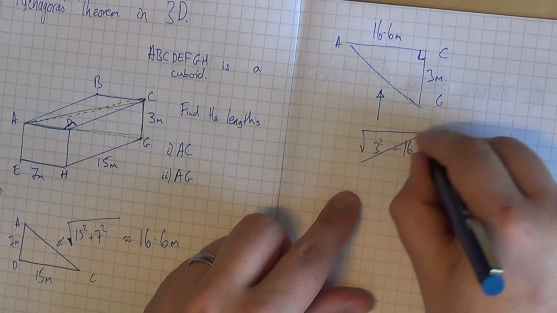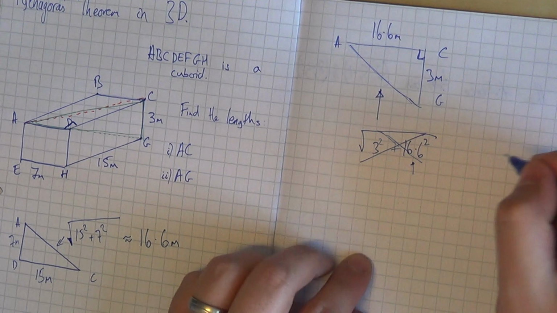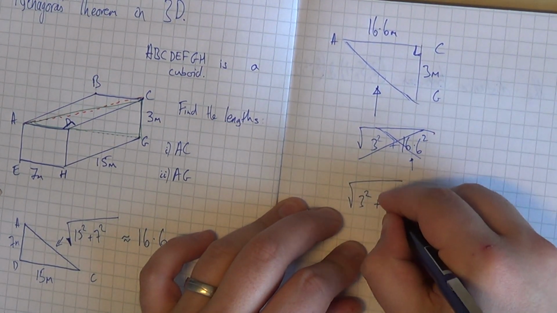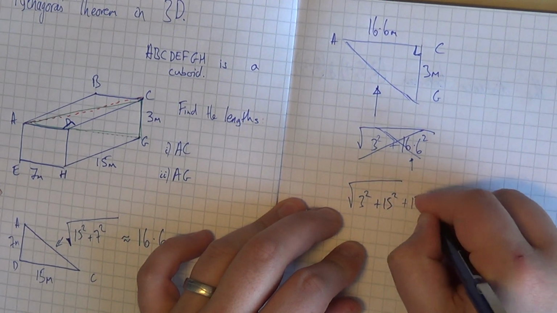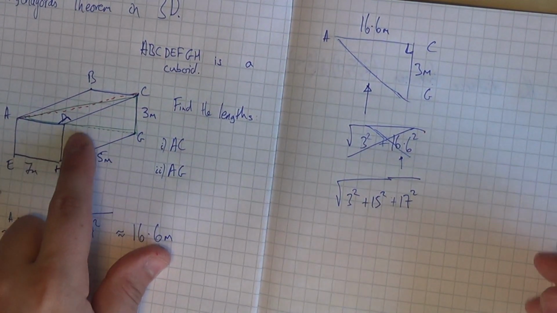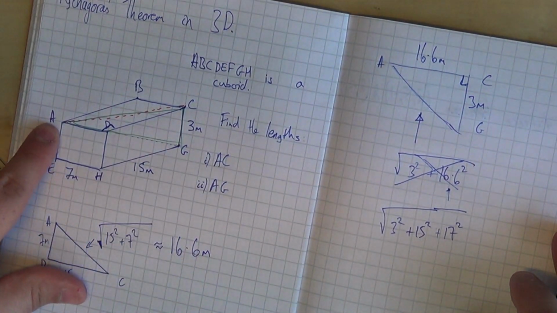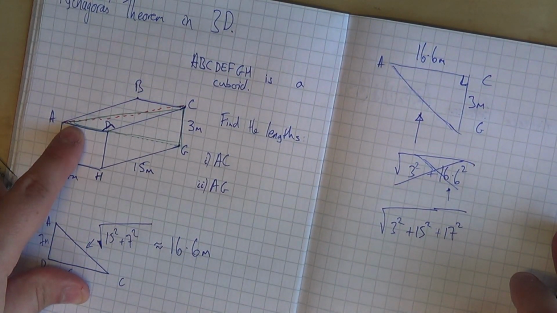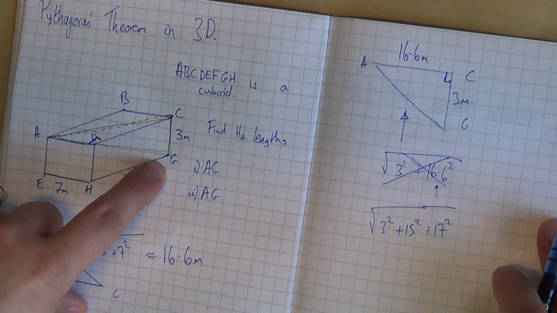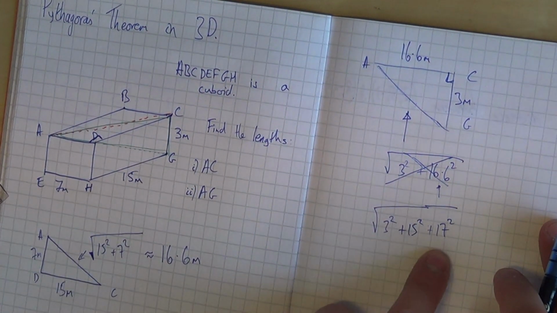So a more accurate way of writing this would be the square root of 3 squared and 15 squared and 7 squared. And in fact, this is because we are actually now moving in 3 dimensions. We're moving xward, zward and yward in this motion, which means you need 3 dimensions to work with, which is why we've got 3 things squared and added.